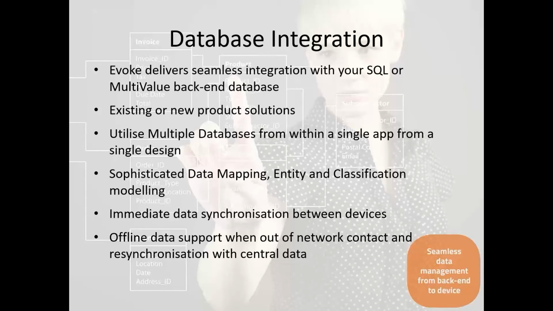And depending on what you've set, a small version of the database or selected files will be held right there on the device in a small database local to the app. And as soon as you come back into the warehouse where there is 4G or Wi-Fi, there'll be immediate resynchronization with the central data.